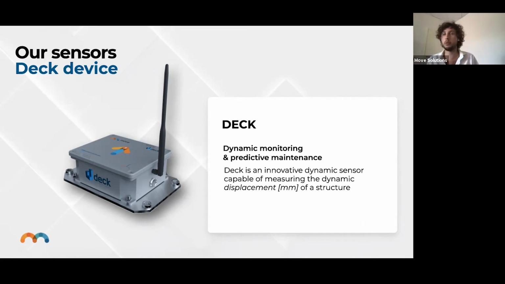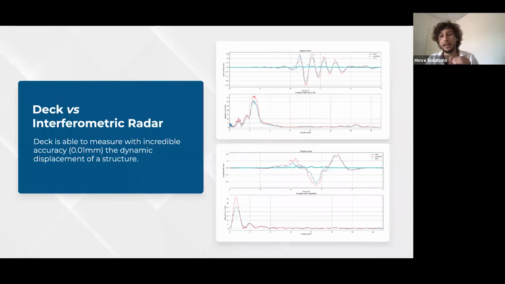Maybe it won't be perfect for other kinds of application, but for bridges it's perfect. And it can sample at 100 hertz continuously for 2 years with a huge accuracy. We are talking about 0.01 millimeter, so really small movement.